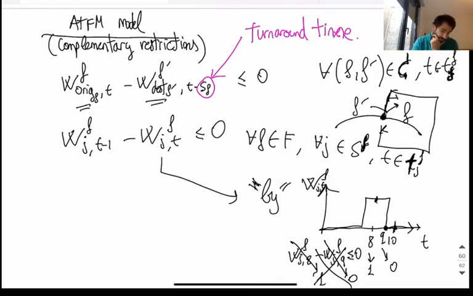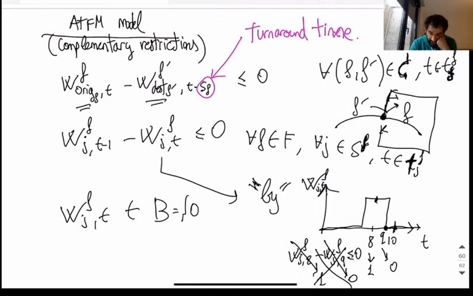My third equation, which is probably the easiest, is saying that the binary decision variables for flights, for all the sectors and for all the times, are binaries, right? Either 0 or 1, for all flights, for all sectors, and for all times.